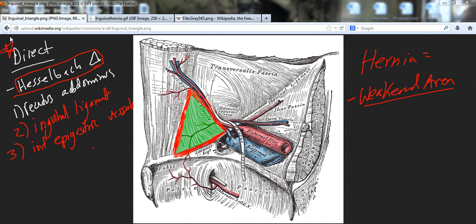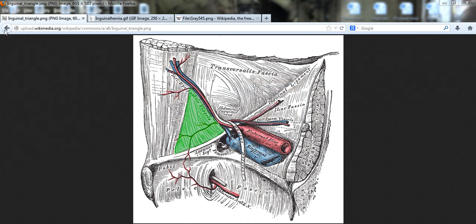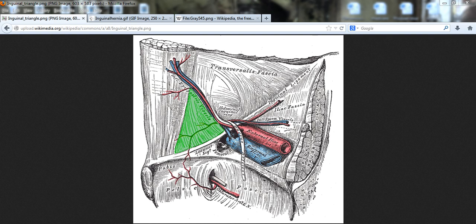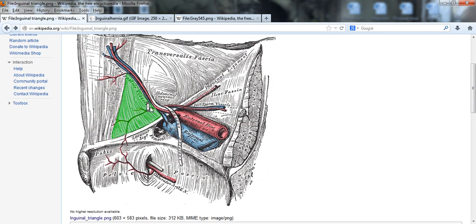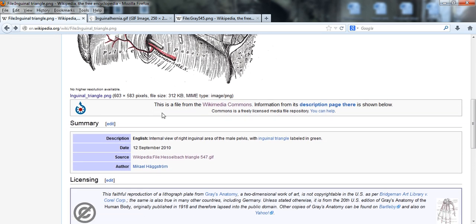So again, I did not create this image. I do think it is a great image, and if you would like to look at it again, I just got it from Wikipedia, so here's my citation for it. No, I did not create it.